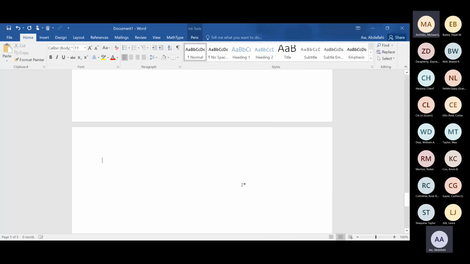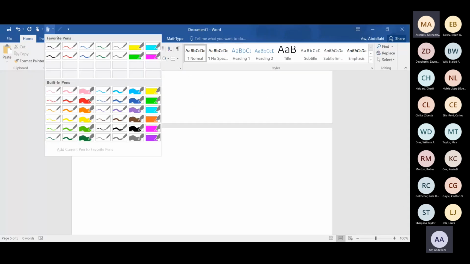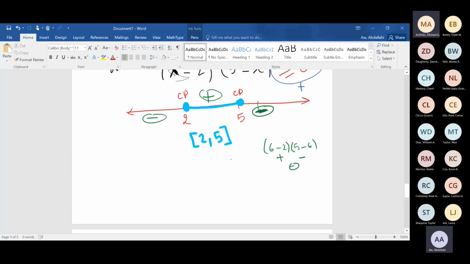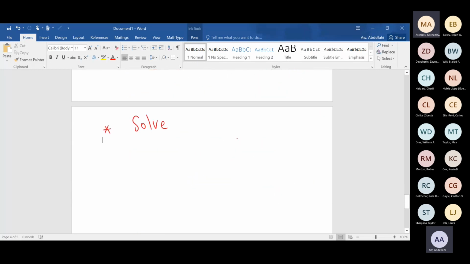So now, how about rational inequalities? Solve x minus 2 over 5 minus x, greater than or equal to 0.